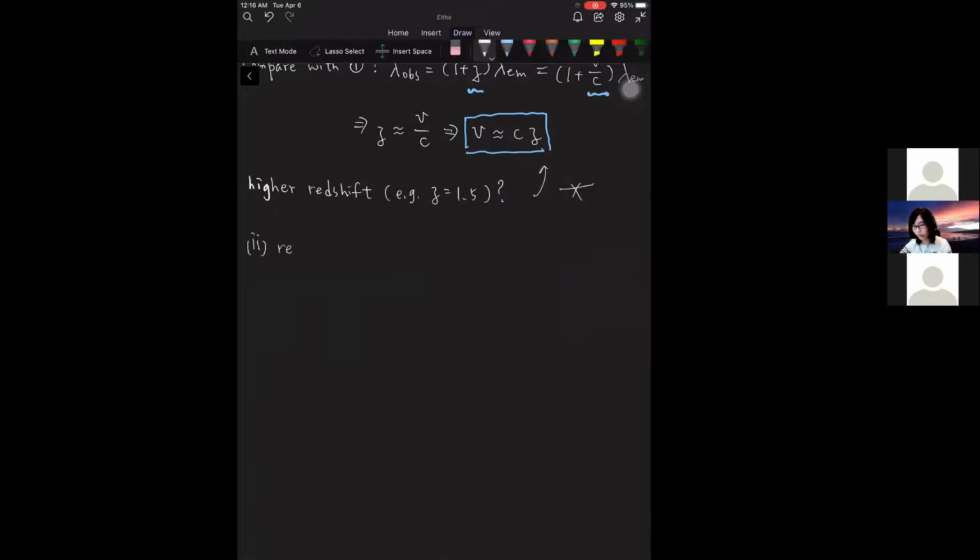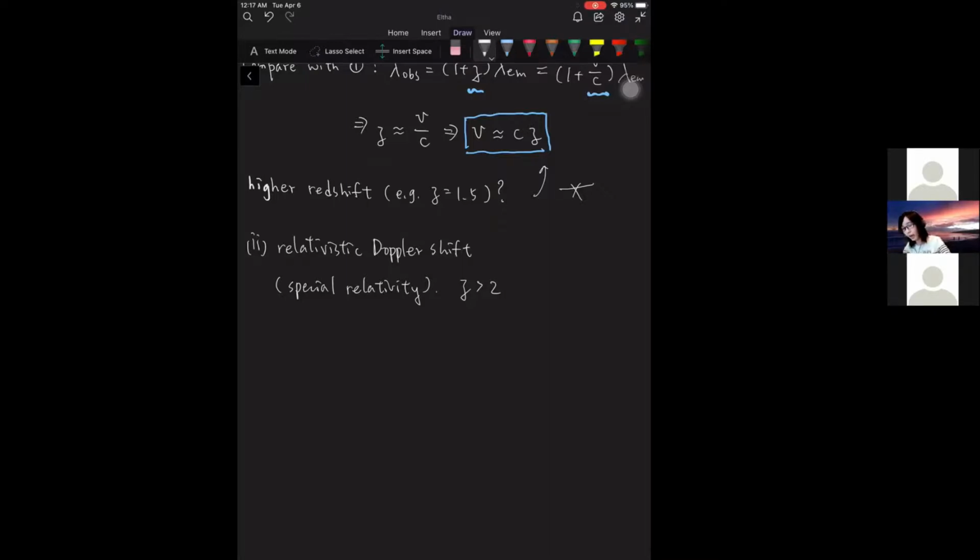Okay, so the relativistic Doppler shift. And by relativistic, for now we're just considering special relativity, but you should know that for even higher redshift, higher than z equal 2, we should consider general relativity as well.